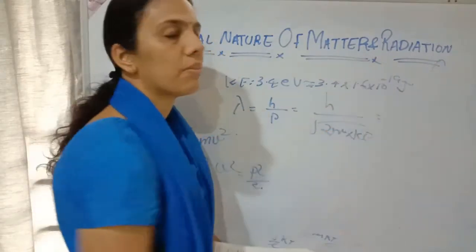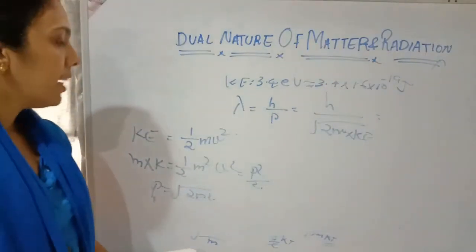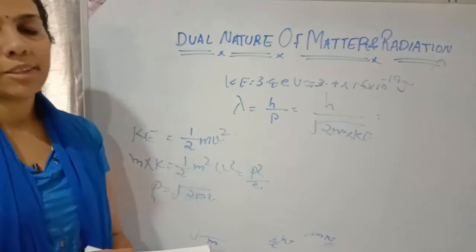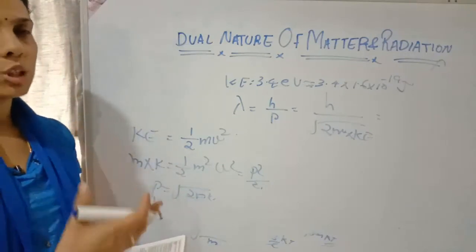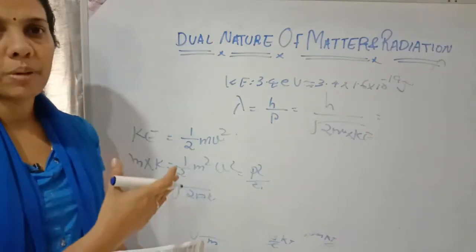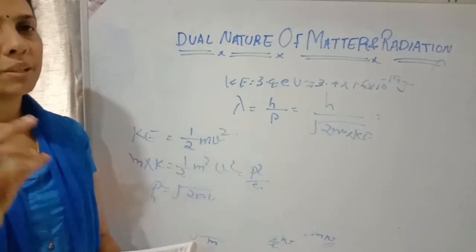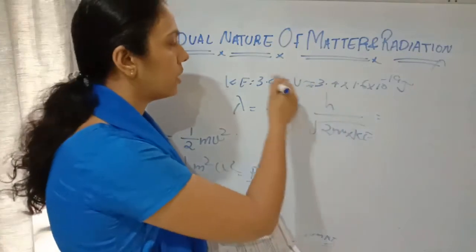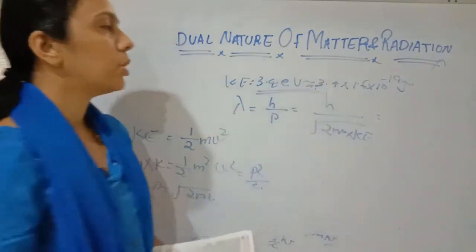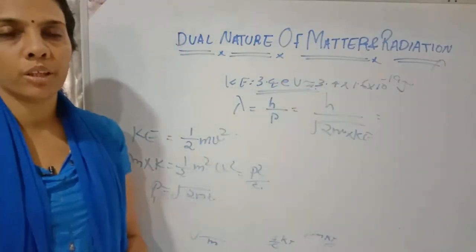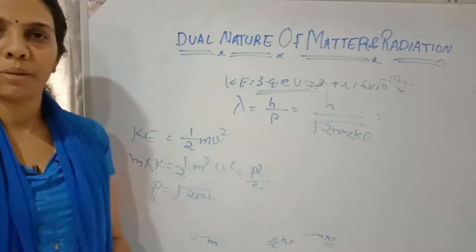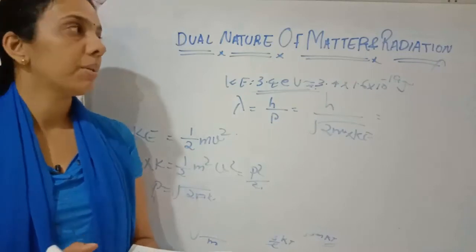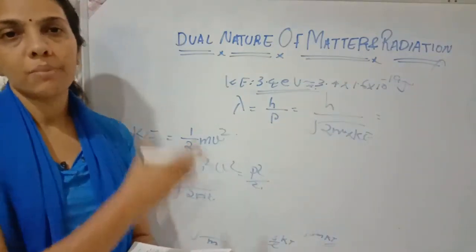We can substitute the values: Planck's constant, and the m value is 9.1 into 10 to the power minus 31. Usually at the start of your question paper they give the relevant details. So you can find the value by substituting 3.4 into 1.6 into 10 to the power minus 19. Such simple questions can be expected from this portion.